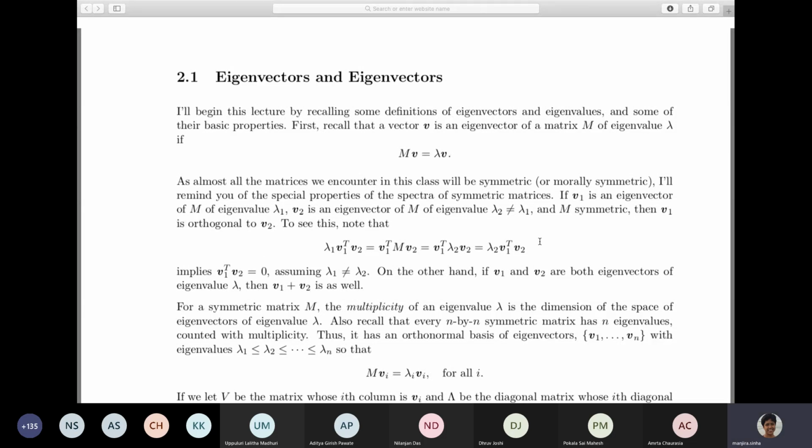Generally we assume the eigenvalues of two different eigenvectors are not equal. You don't need to remember this, just this part: for a symmetric matrix, all the eigenvectors are orthogonal to each other. Okay, so clear till this part?